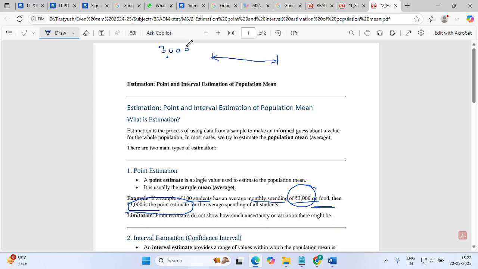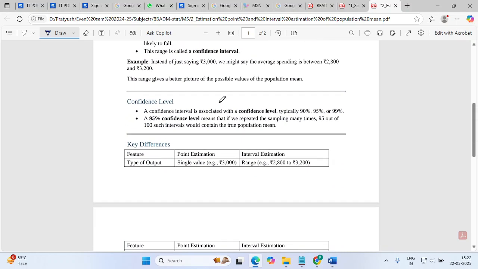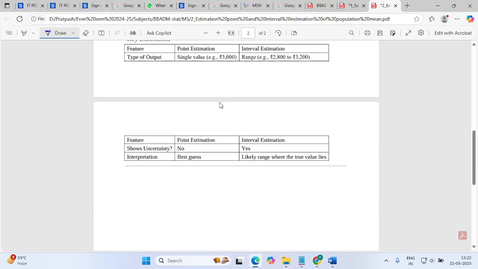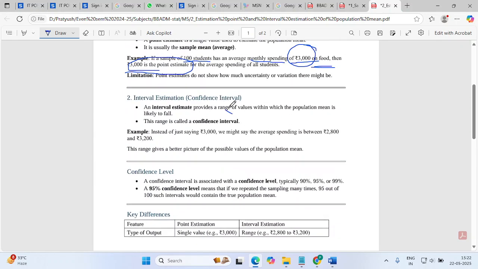Okay. While there is another way to make this estimate. So another way is when you say, instead of saying that average is 3000, what you say is that average spending is between 2800 to 3200.